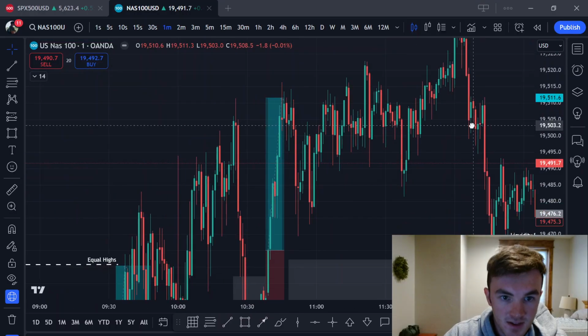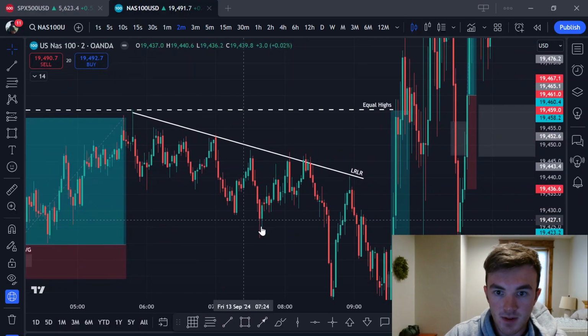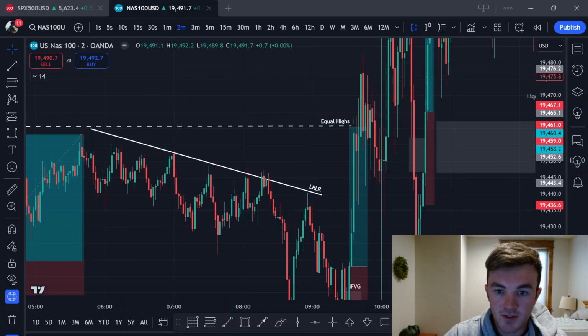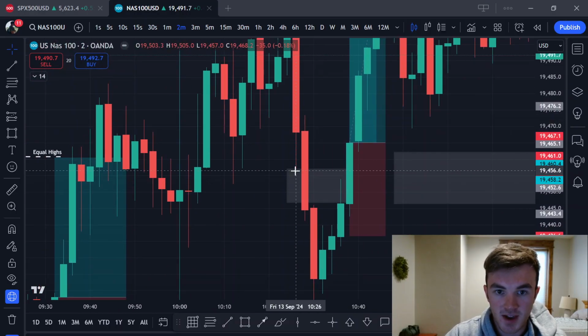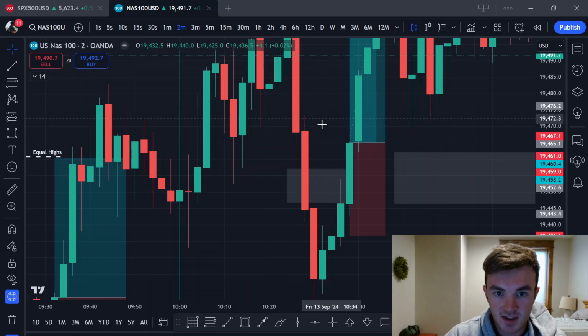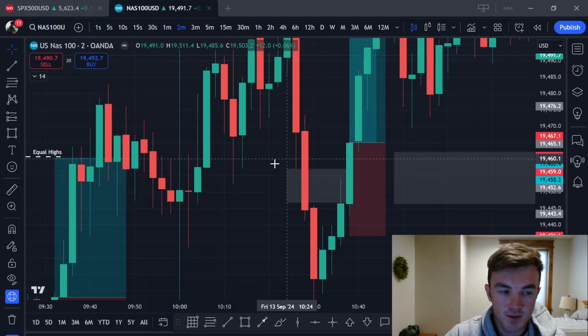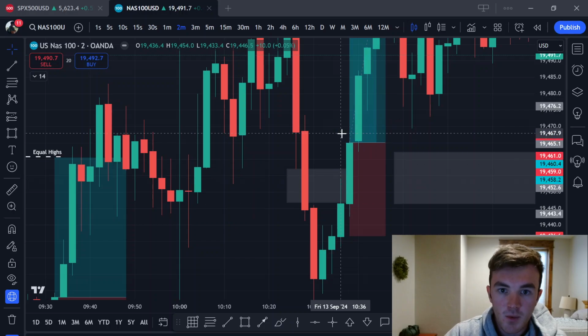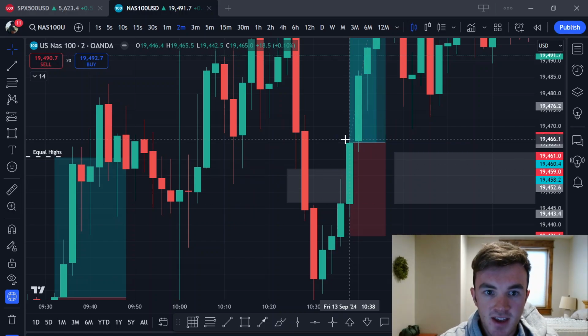Let's see, which one do I want to use? We're going to use this one on the 2-minute. So you had this series of 3 candles where you had this low, this candle body, and then this candle's high. You have this old bearish fair value gap. When this candle body closes above it, that is your entry, and that is essentially what an inverse fair value gap is.